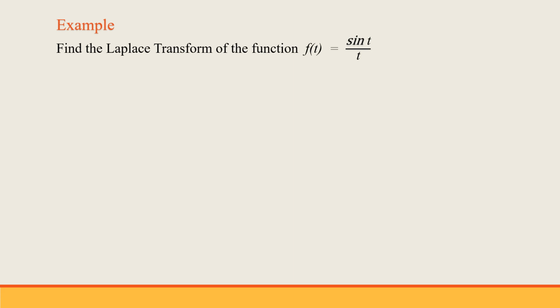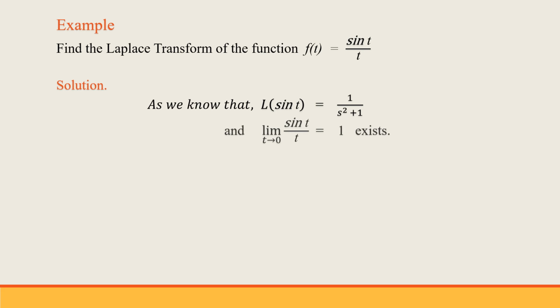First one, find the Laplace transform of the function f(t) equal to sin t by t. So the solution is, as we know that the Laplace transform of sin t is 1 by s square plus 1, and also limit t tends to 0 of sin t by t equal to 1, that is, the limit exists.